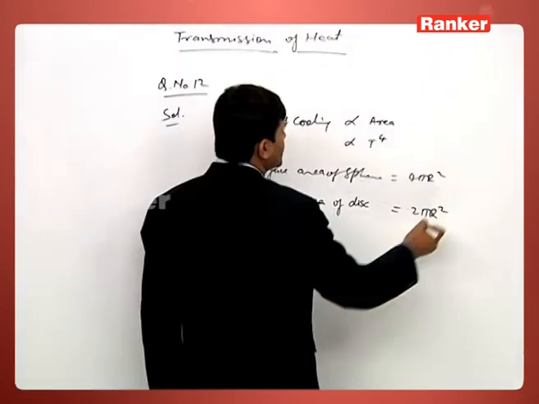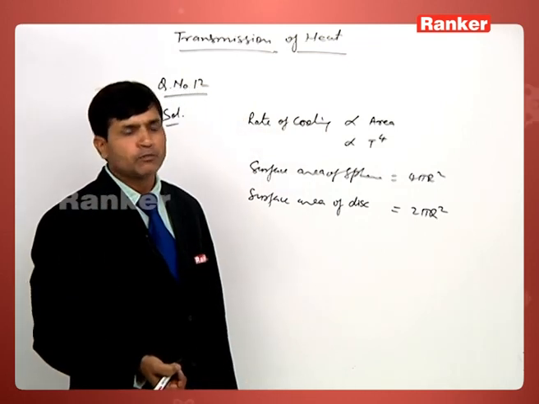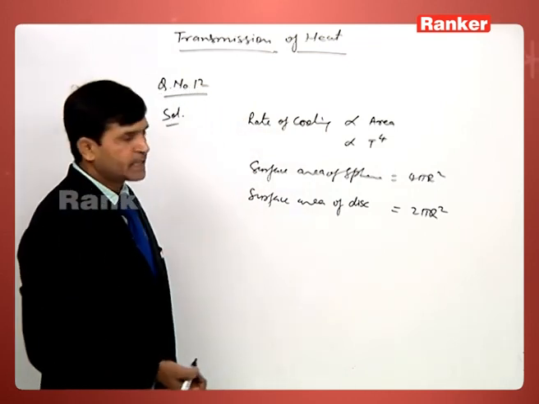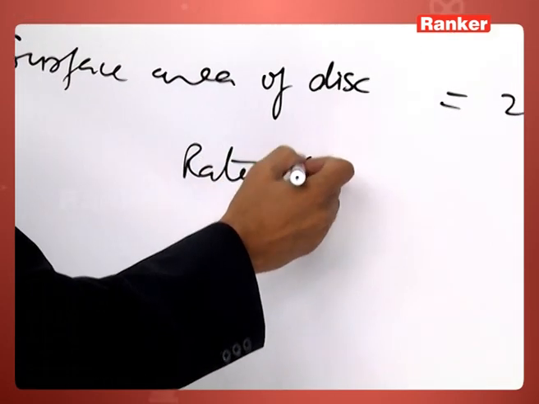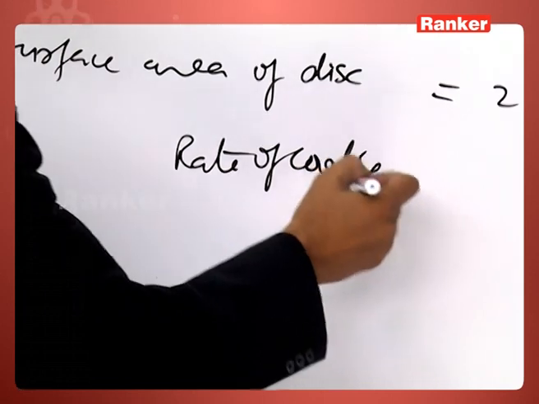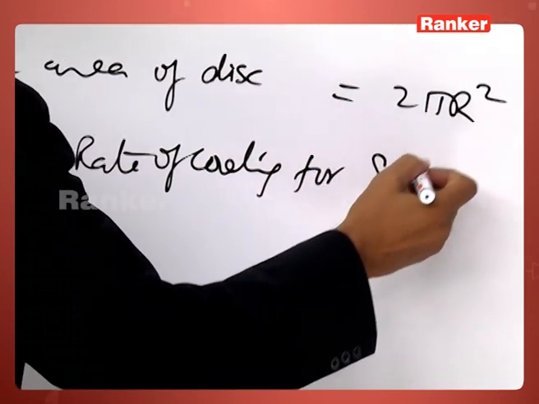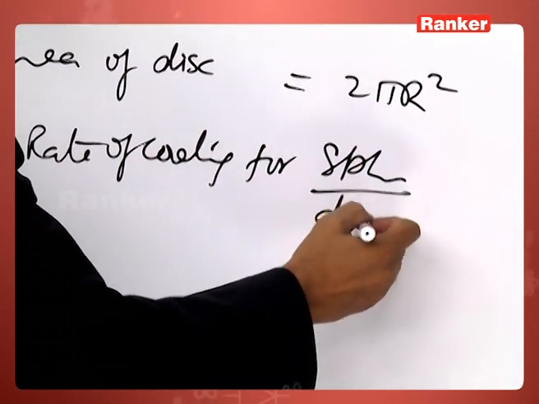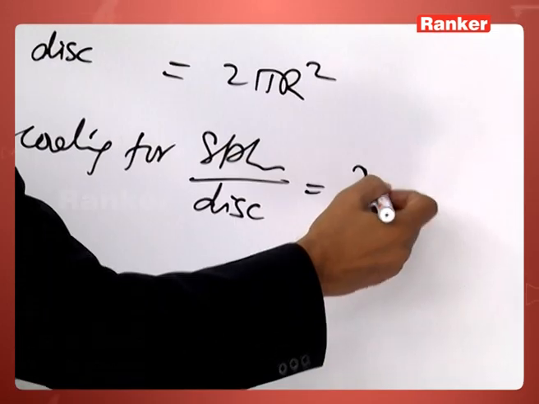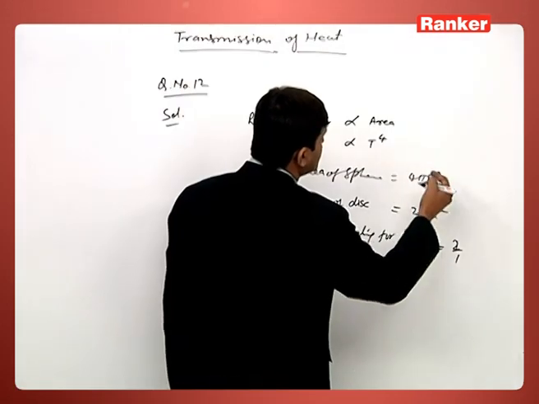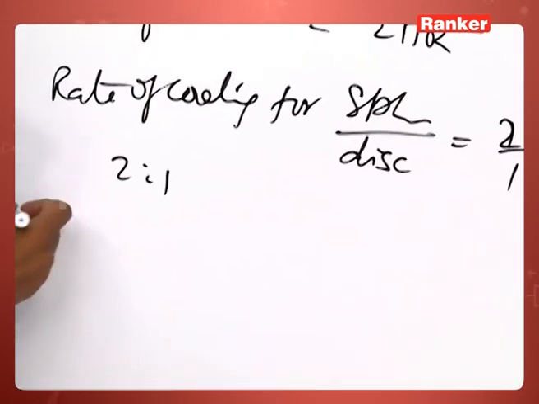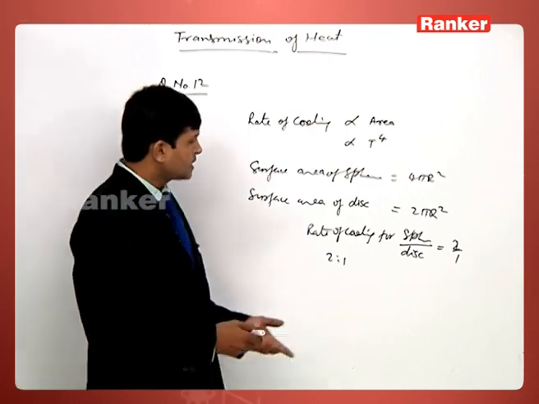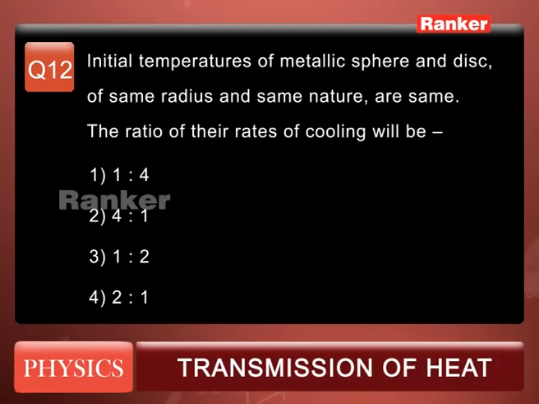So the rate of cooling for sphere versus disk is 2 by 1, because this is 4 pi r square and this is 2 pi r square, so 2:1. So the correct option is option number 4.